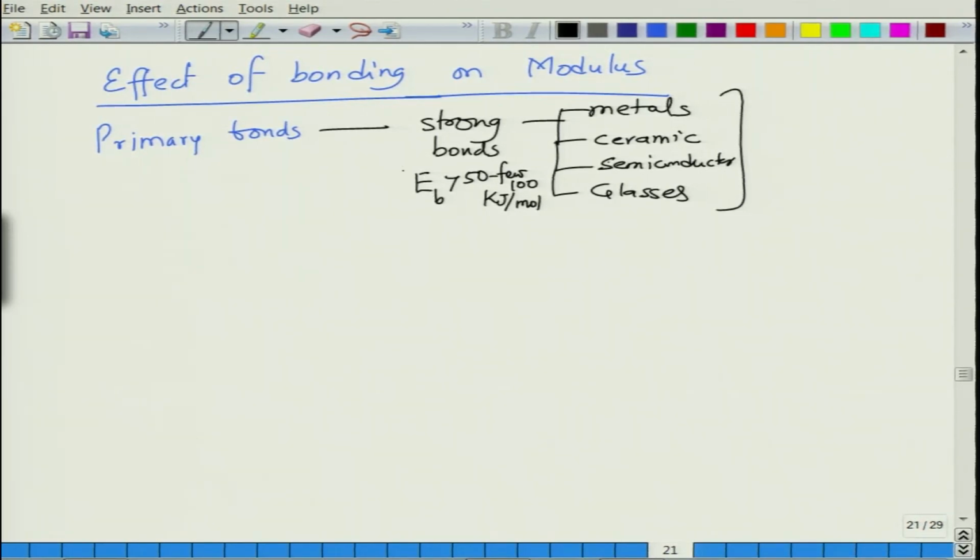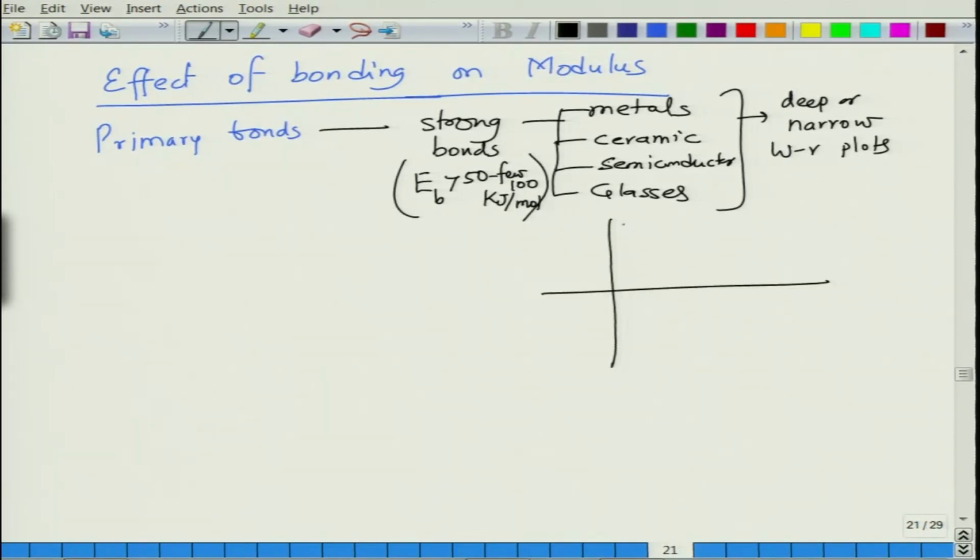Okay. So, when you have this kind of bond energy, this gives rise to deep or narrow WR plots. So, essentially the potential energy plot would be something like this.